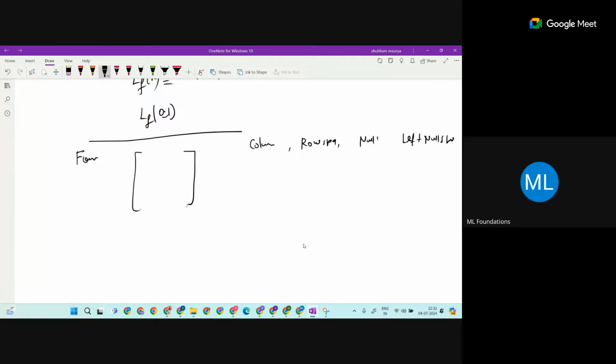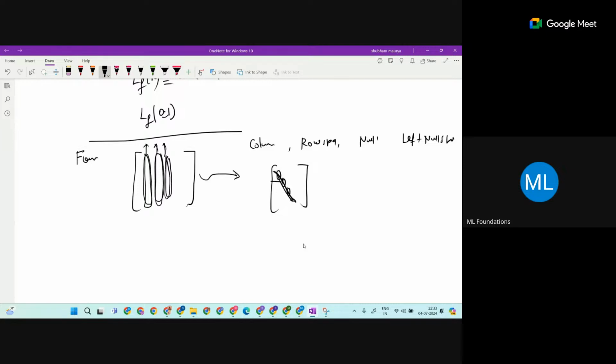How do we find all these? For the column space, change the matrix by Gauss elimination into reduced row echelon form. See how many pivots you get and take those columns only. Those columns are going to be the basis of the column space.